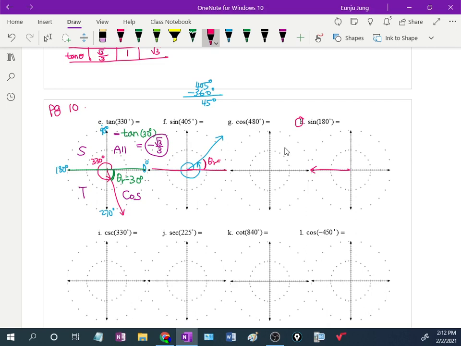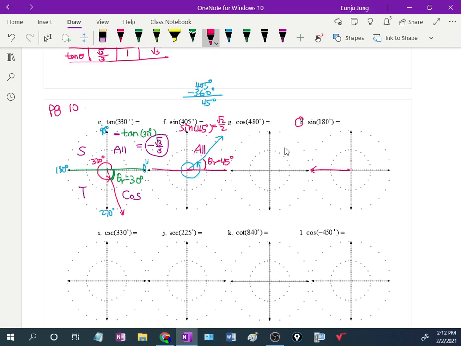So this will be reference angle 45 degrees. All positive here. So this will be the same as sine 45 degrees. What is the measure for sine 45 degrees? Root 2 over 2. So that's the answer in exact form. Are we using a calculator for finding answers? No, we can't, okay?